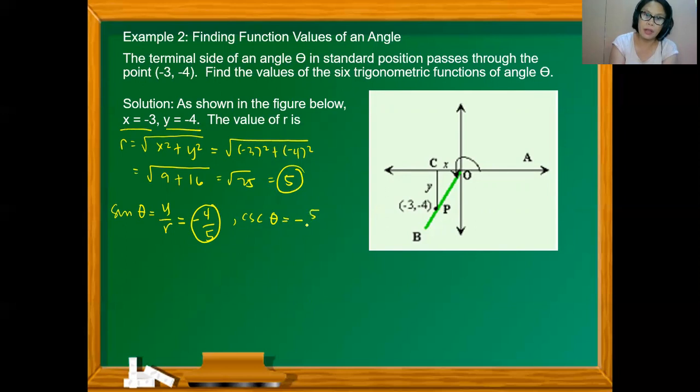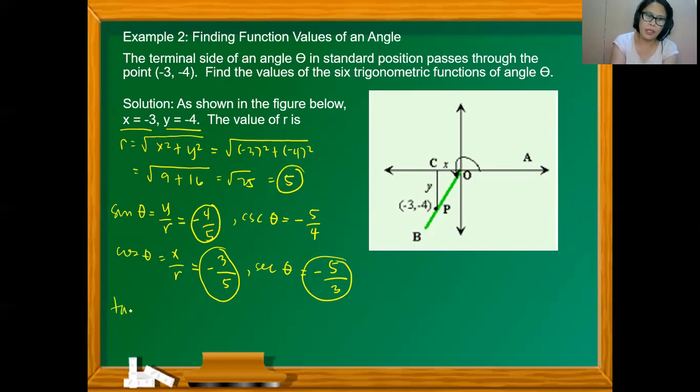So this is -5/4. Cosine theta, again, is x over r. So x is negative 3 and 5 is r. So it's negative 3/5. And its reciprocal function secant theta equals the reciprocal of cosine theta, which is negative 5/3.